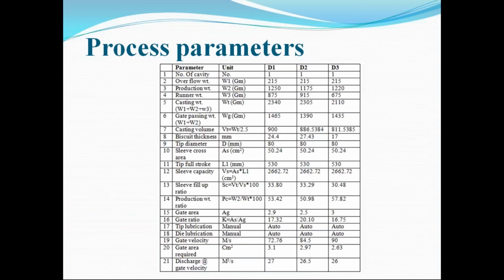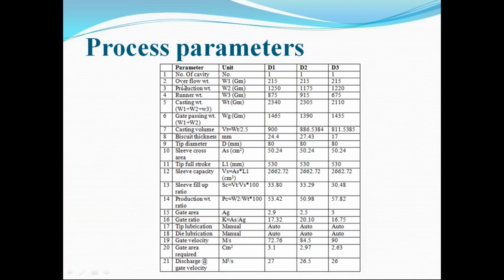Now for the analysis of the process parameters, there are three different dies used, D1, D2 and D3, with different process parameters chosen.